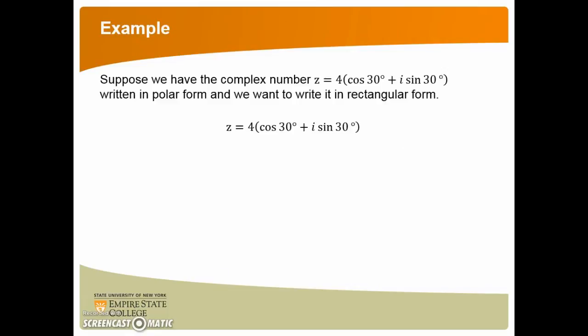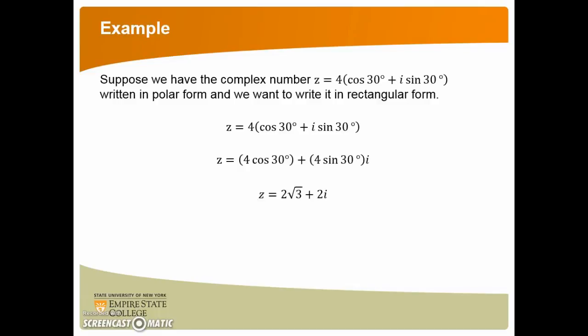Suppose we have the complex number given in polar form as 4 times the quantity, the cosine of 30 degrees, plus i times the sine of 30 degrees. We want to find the rectangular form for this complex number. To convert, we distribute the 4 through the parentheses.